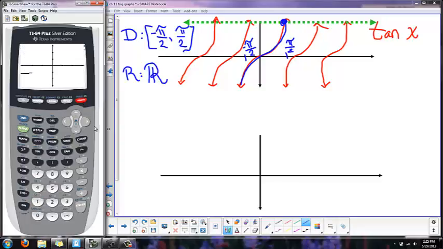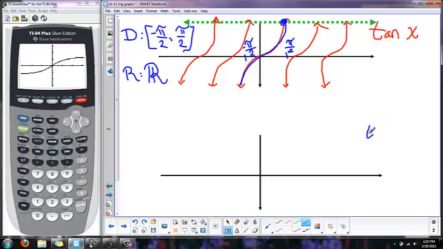Graph. Okay. This is what the inverse tangent function looks like. It actually has asymptotes, the same thing as tangent does, so it goes along this line, crosses through the origin, and then goes along that line.